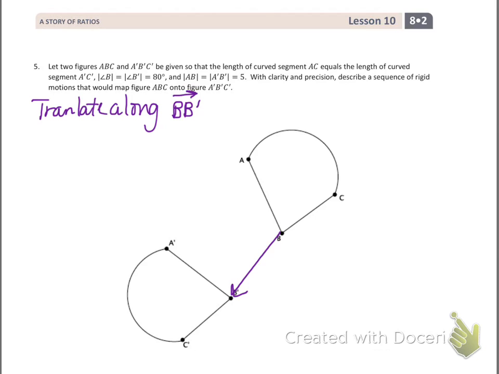Because we're told to map ABC, so we're actually taking this figure and mapping it onto that figure. So once I translate along BB prime, I've moved figure ABC down so that B and B prime are the same point.